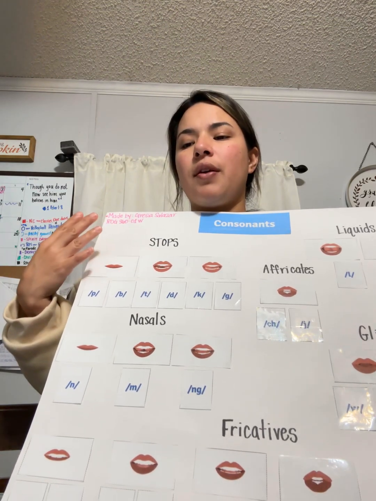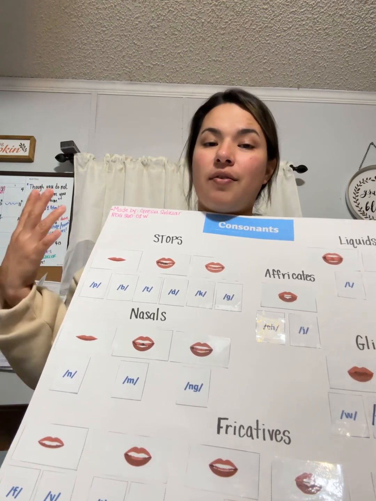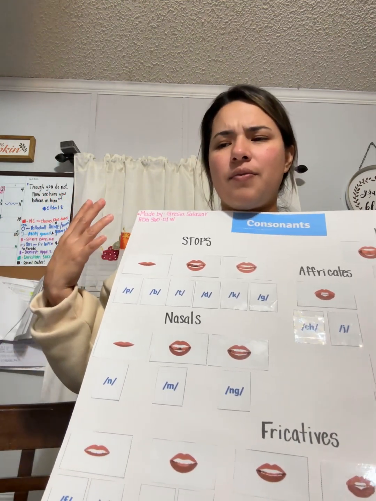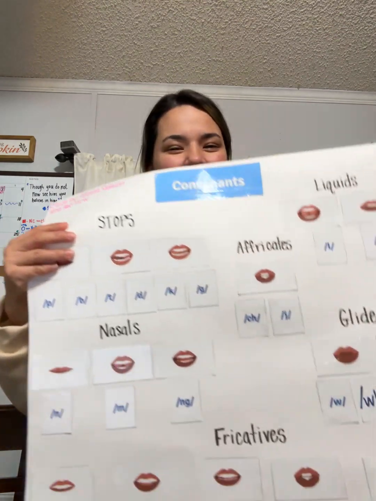But it's important that phonemes and words are identified in different ways, to spell and sound them, to spell by hearing them. So anyways, that's my sound wall.